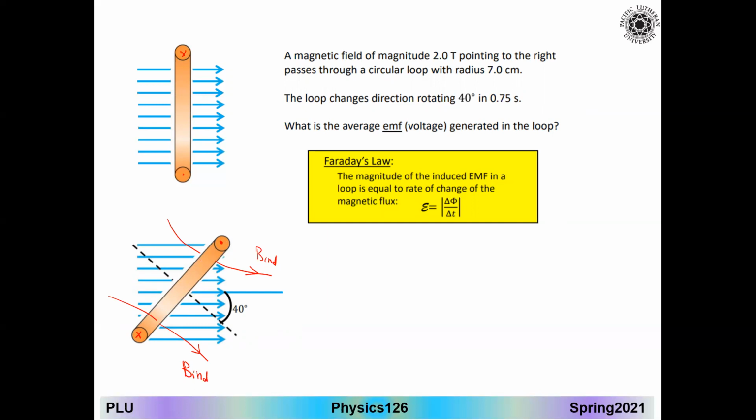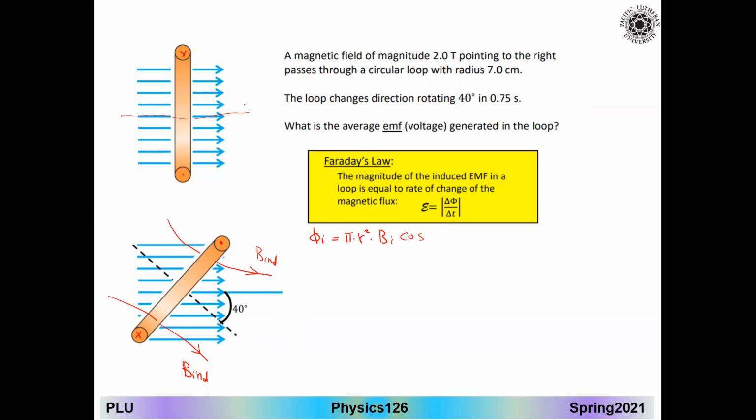Okay. So now we're going to find our initial phi. We're talking about this case, so here is phi initial. It will be pi r squared times B initial cosine alpha. Cosine alpha in this case is the angle between the normal to the loop, the center, and the magnetic field.